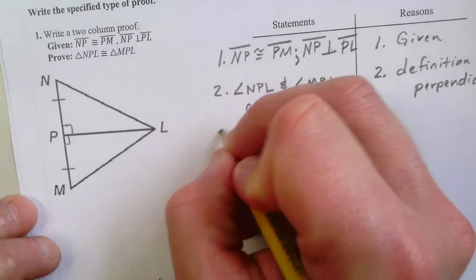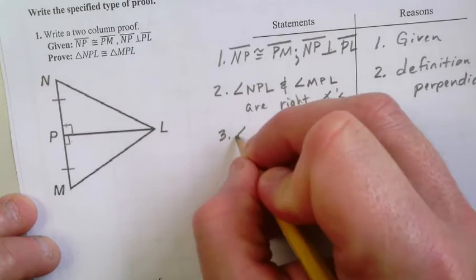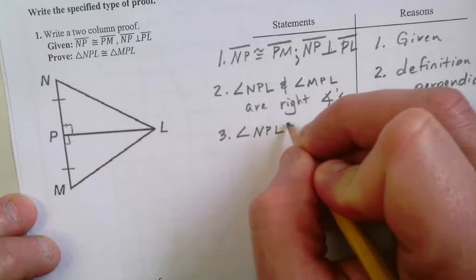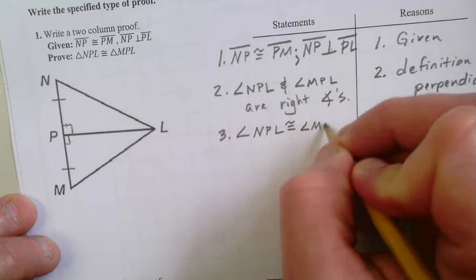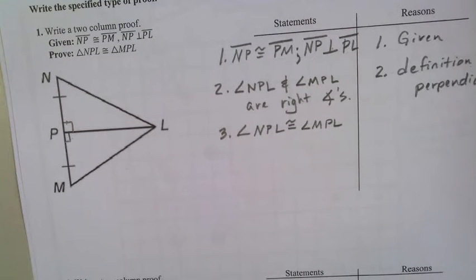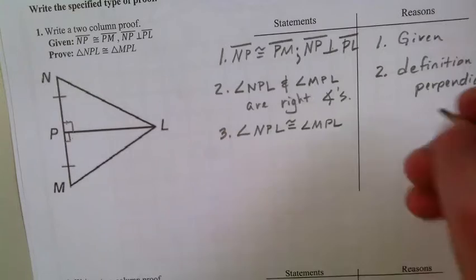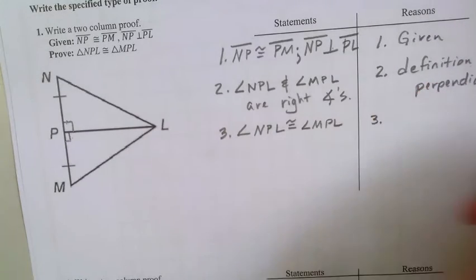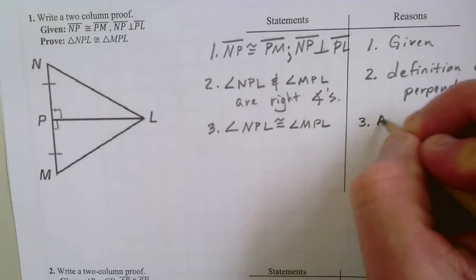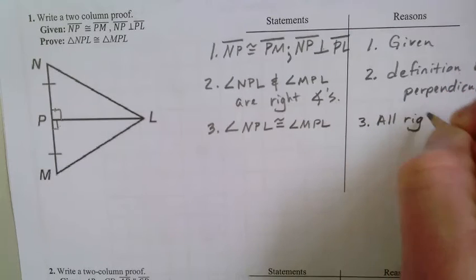I'm going to go ahead and say something like this, and I don't think we've talked about this yet this year, but it makes sense. Those two angles have to be congruent, right? How do we know that? Well, if they're both right angles, they're both 90 degrees, they're the same measure. So I'm going to go ahead and say this, and this is another one you want to log away in your minds because it might be useful later on, the fact that all right angles are congruent.